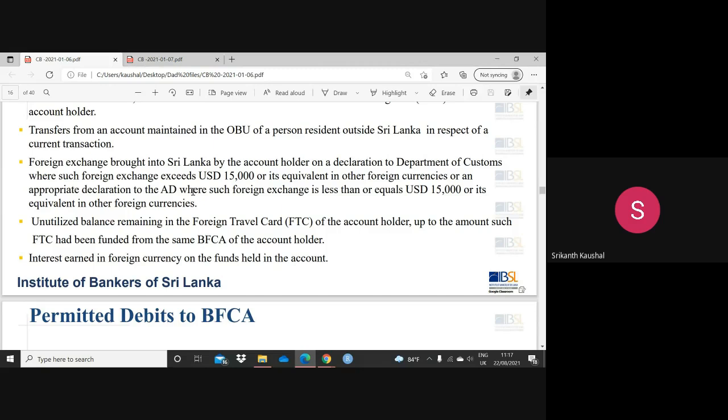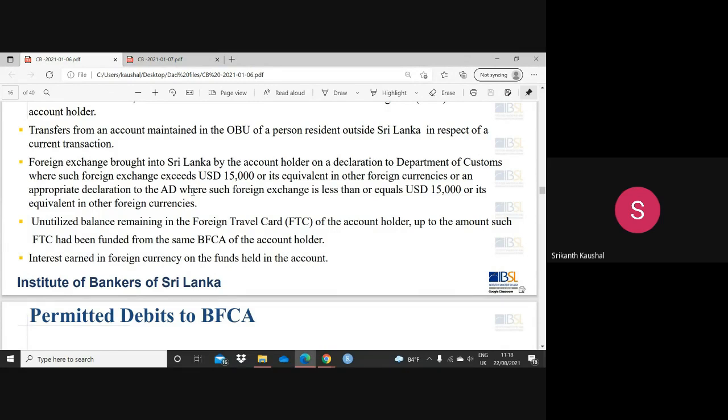Okay. Then the unutilized balance remaining in the foreign travel card. I think I told you the foreign travel card is some sort of instrument. You can reload it and use it in foreign exchange when you are traveling. But these are not very popular because all the debit cards are Visa or MasterCard. Those Visa and MasterCard debit cards can be used internationally.